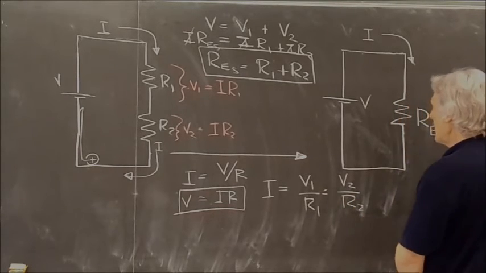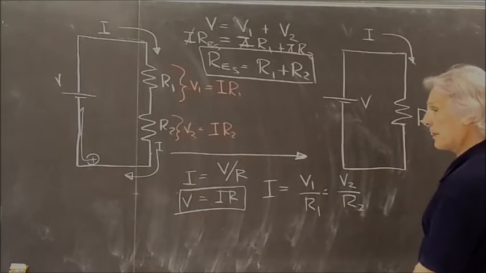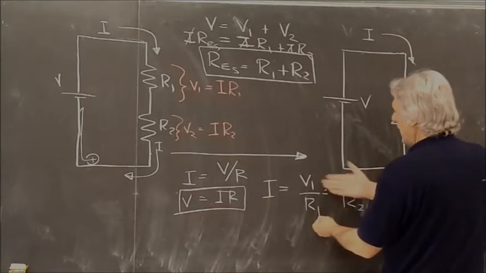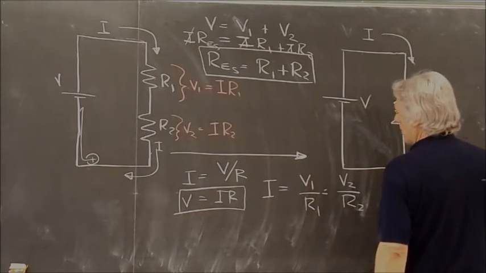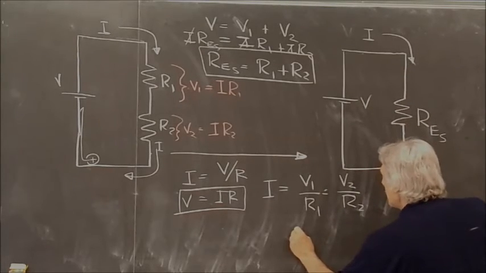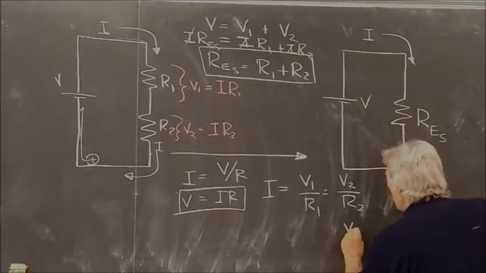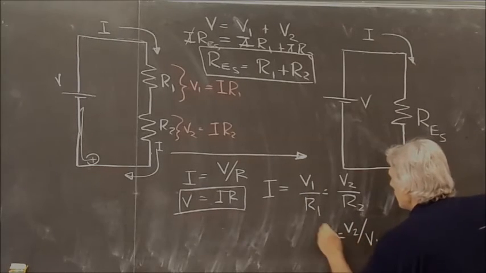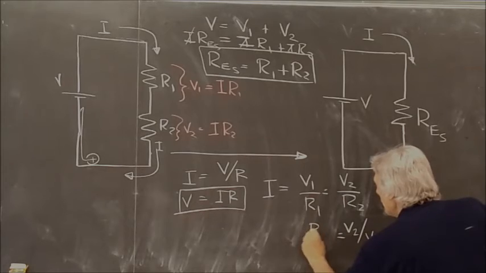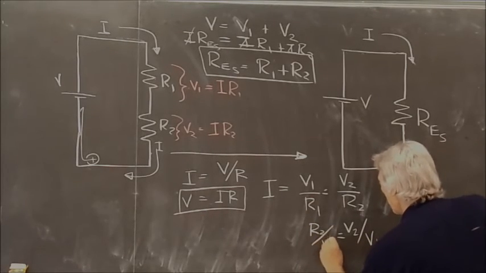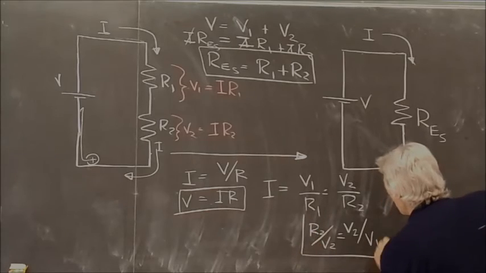And I think you can see what will happen next, but in case you don't, let me show you. I can simply gather terms on opposite sides, and I finally end up with the following relationship. Watch carefully. V2 divided by V1 is equal to R2 over R1.